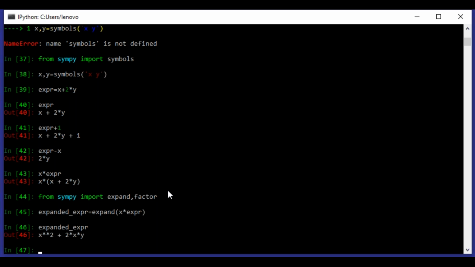That is x square plus 2xy. We multiplied x into x plus 2y, therefore x square plus 2xy.